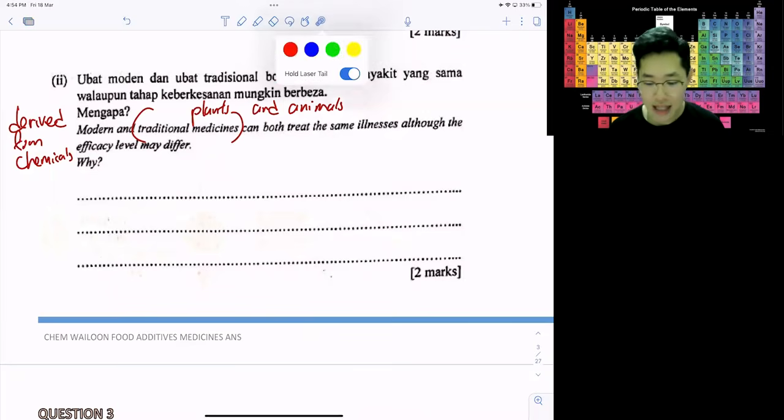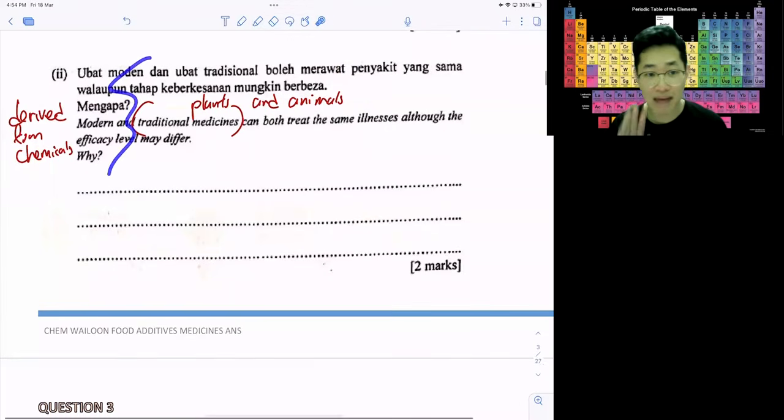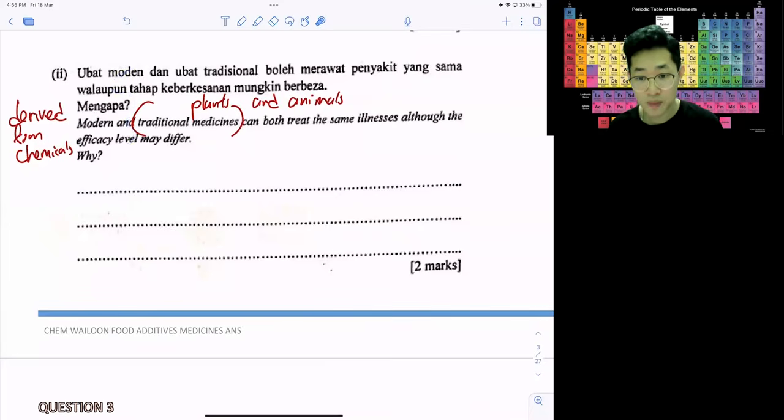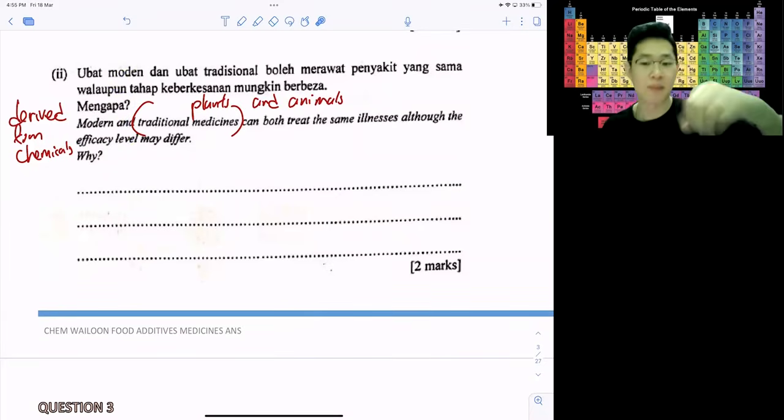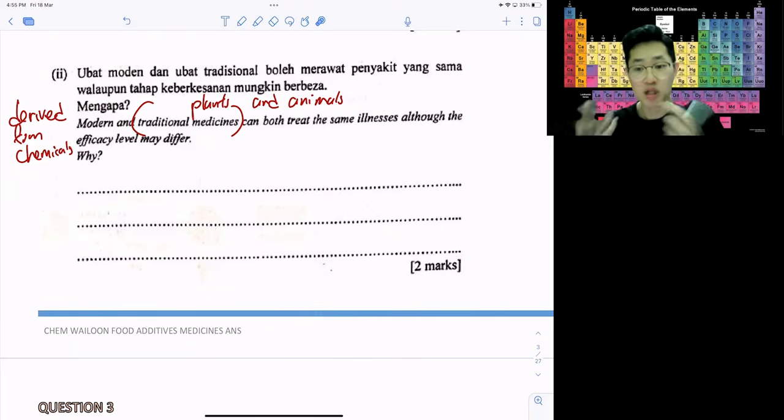Okay, so other than this, the difference between chemical, plants, and animal, yes, you can say there's no specific dosage or amount to be used for the traditional medicine. We do know the proper measurement.